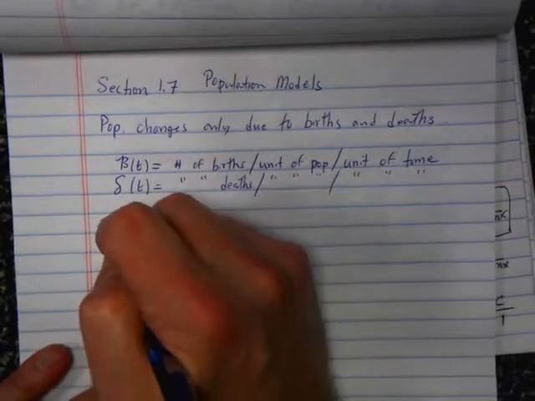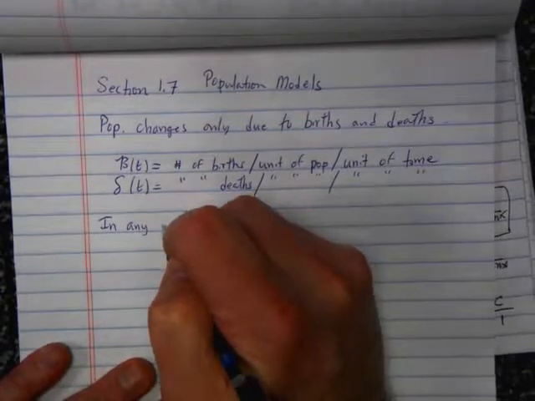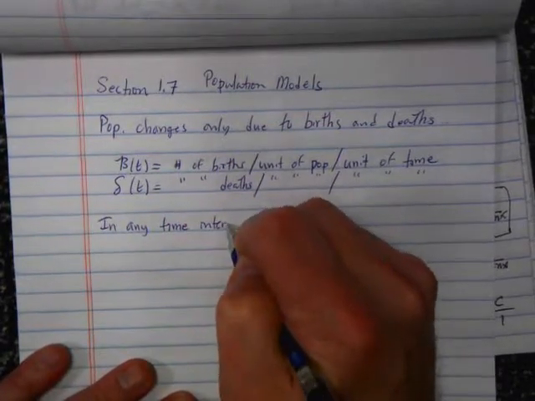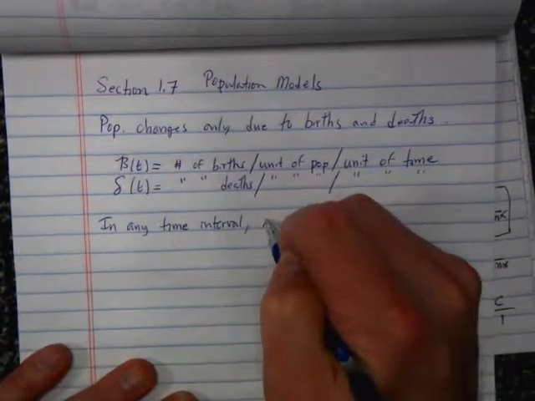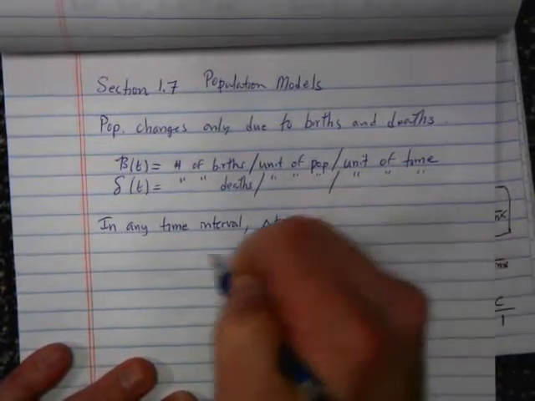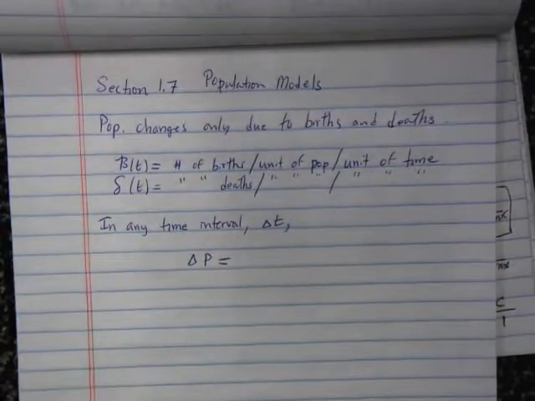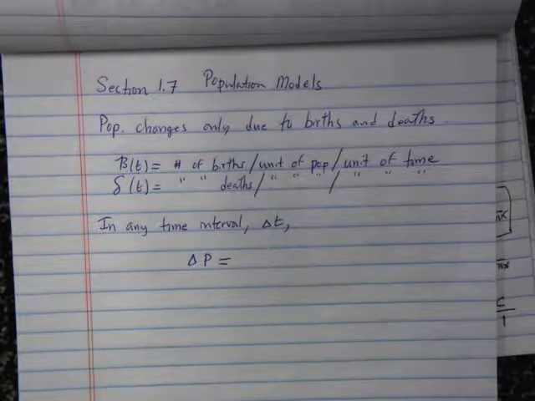In any time interval, delta t, the change in population will then be the number of births minus the number of deaths.